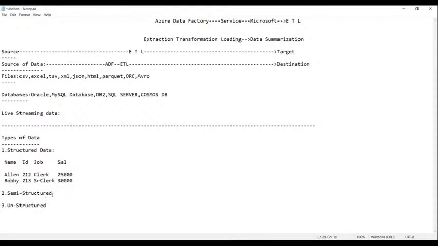Now the next is semi-structured data. So what is semi-structured data? The data which is not properly structured, but still it is not unstructured. Still it has some structure.